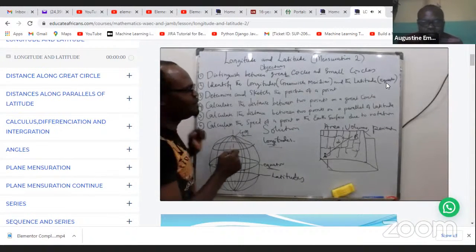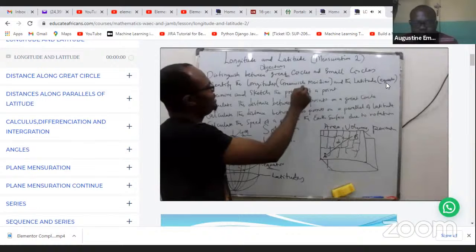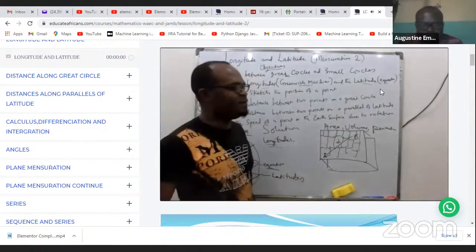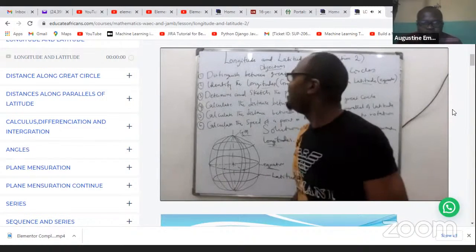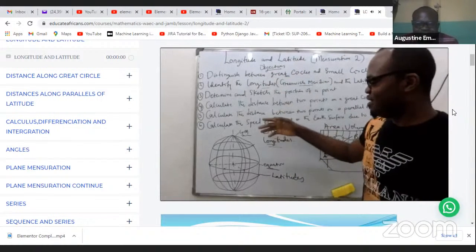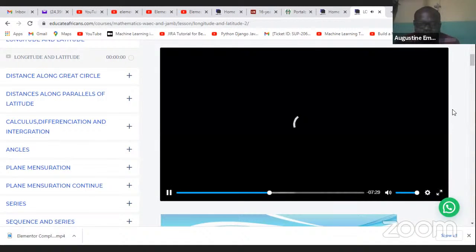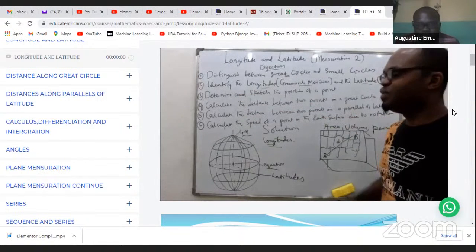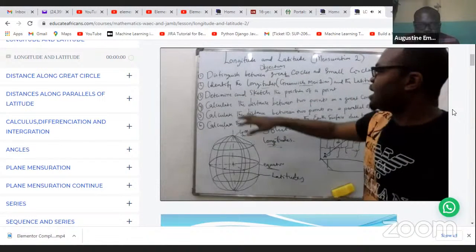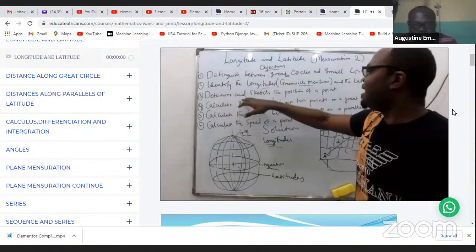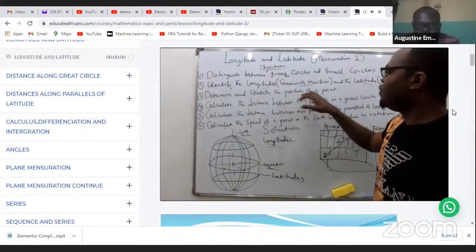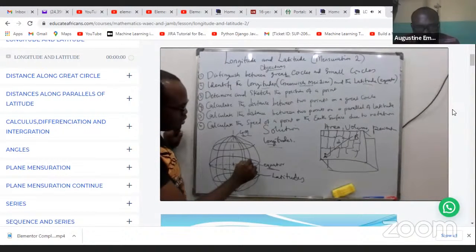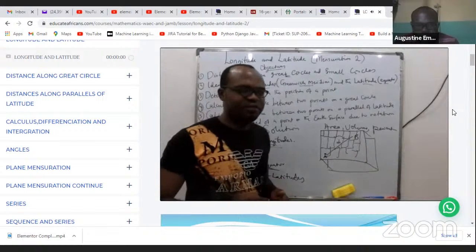Then point 3 is to determine and sketch the position of a point. Number 3, the third objective: determine and sketch the position of a point on the Earth's surface.